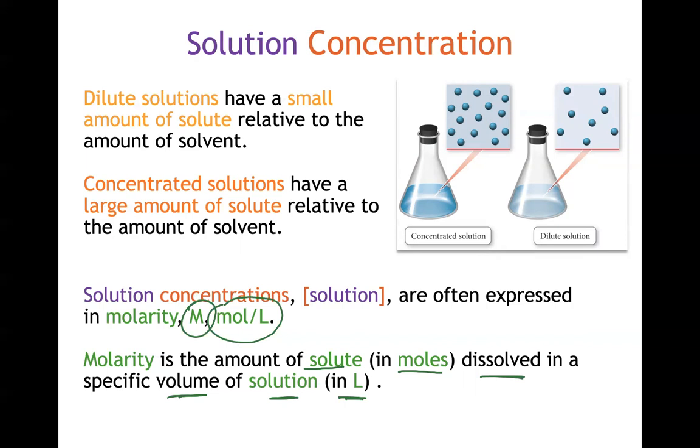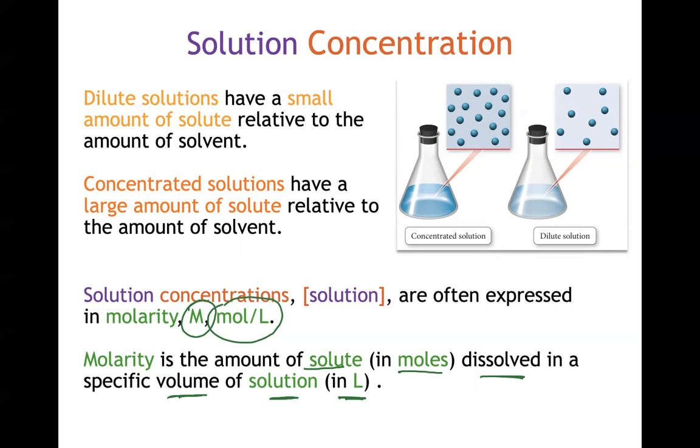And it's identifying where the concentration of the solution can be expressed in terms of the moles of solute dissolved in liters of solvent, or the liters of solution that we have. So what does it mean if we have a more concentrated versus a less concentrated solution?